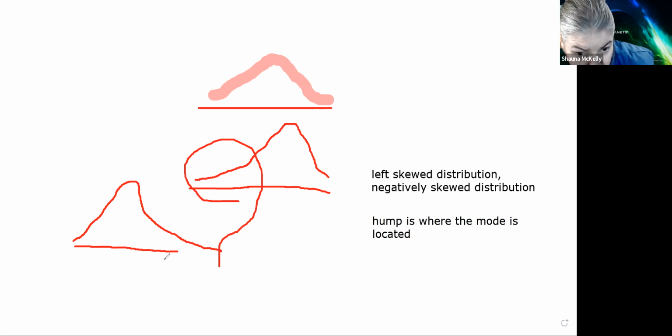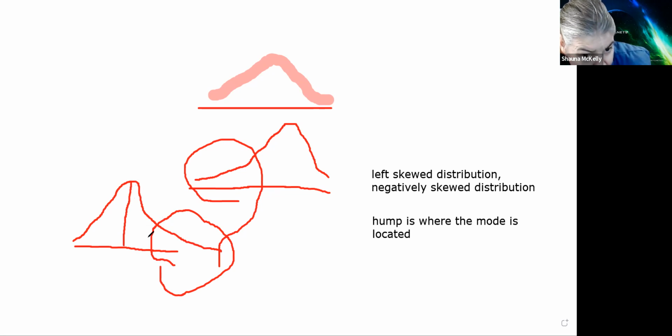This is a right skewed hump, because here my tail is on the right. My mode is low, right? But I have a lot of people that got low scores, is what this is saying. Most of my people got low scores here, right?